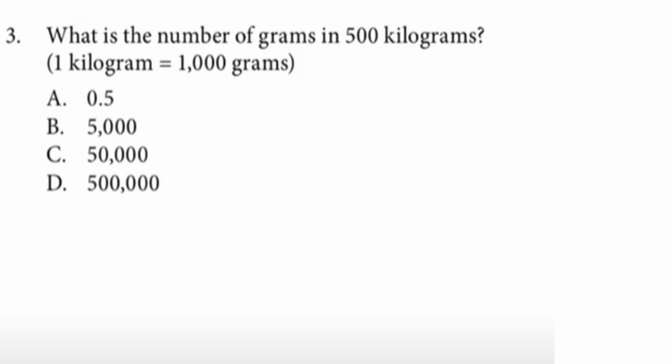So when we do that, we are going to go ahead and write our equation or our number as a proportion. I think I want to use black for this. Let's use black. So we know 1 kilogram is equal to 1,000 grams.